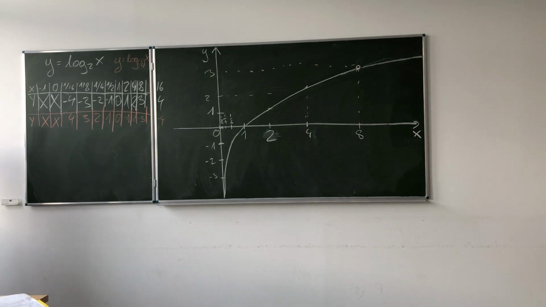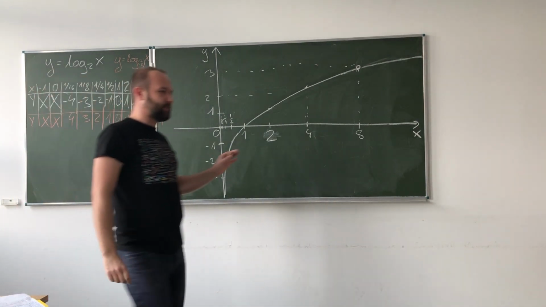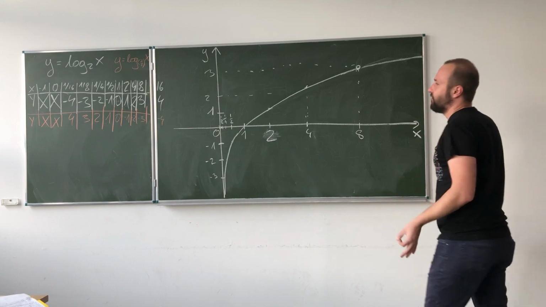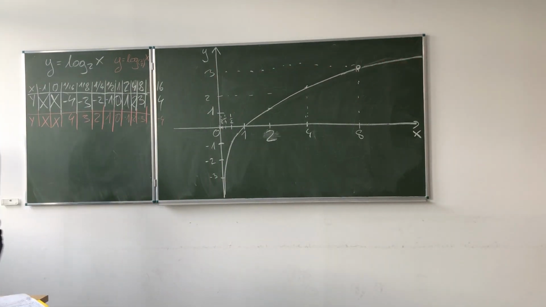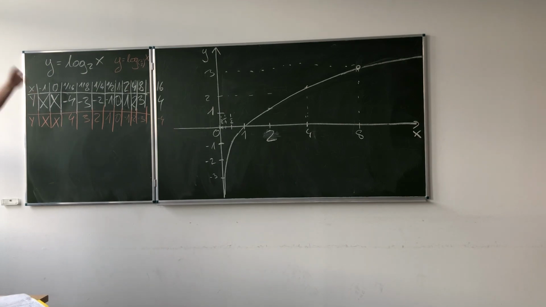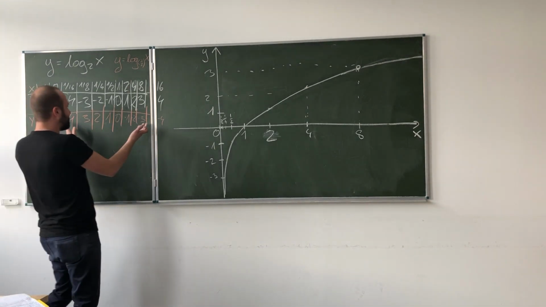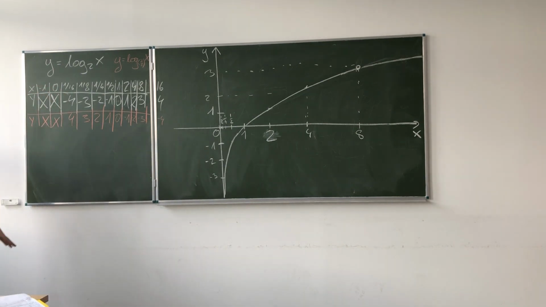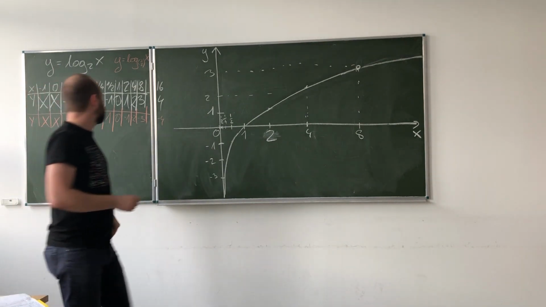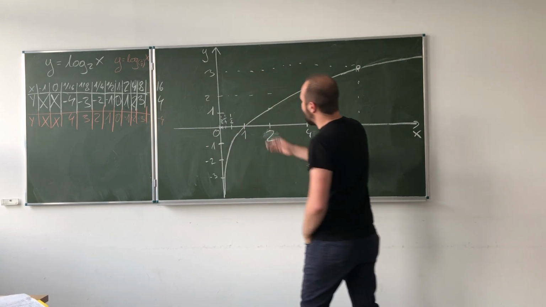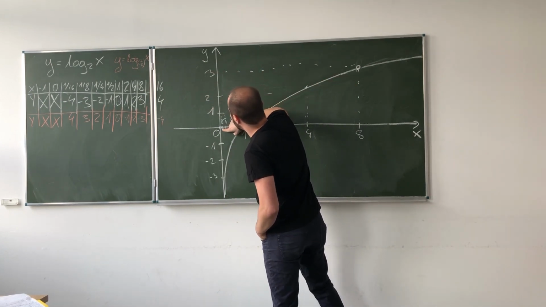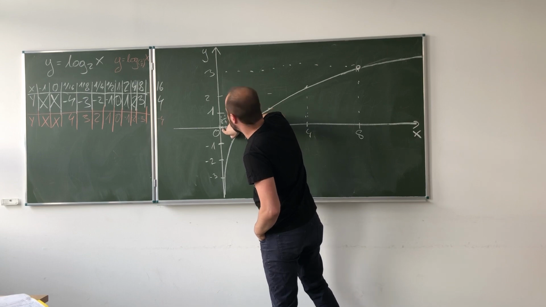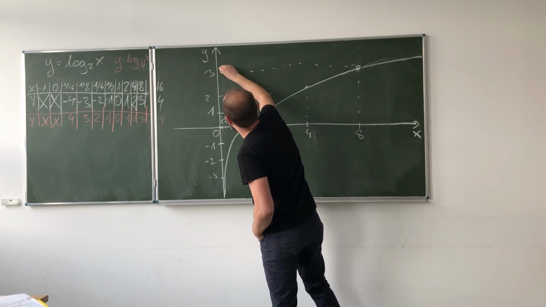So look, a very similar thing happened to us with the exponential function when I turned the base from 2 to 1 over 2. Everything here is reversed. But let's see what the consequences are on this graph. For very small numbers, when x is 1 over 8, we get 3.